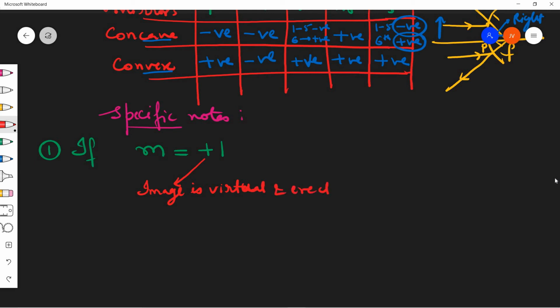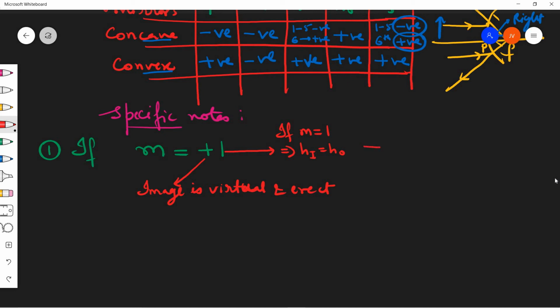and erect. And whenever magnification number comes as a 1, it indicates that height of image is equal to height of object. So these two things have to be understood when magnification number and symbol are given.